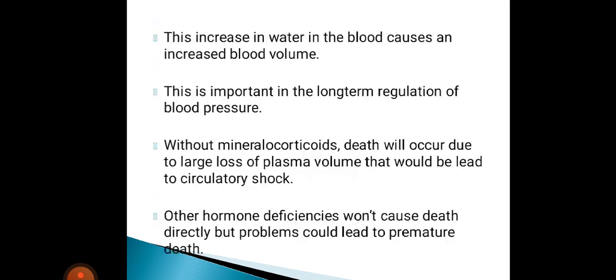Without mineralocorticoids, death will occur due to a large loss of plasma volume that would lead to circulatory shock. Other hormone deficiencies won't cause death directly, but problems could lead to premature death.